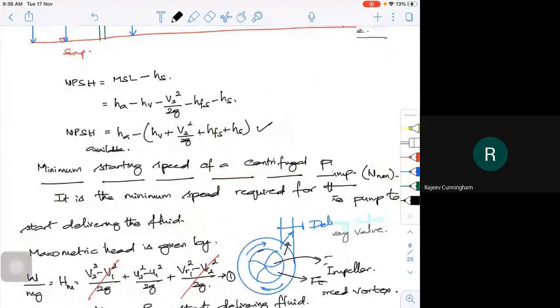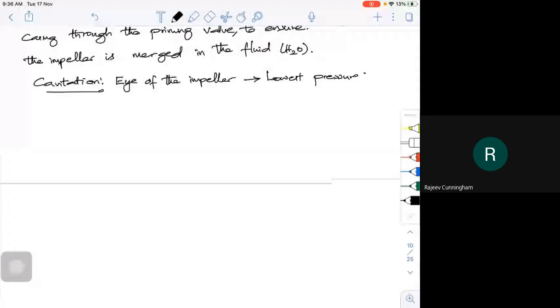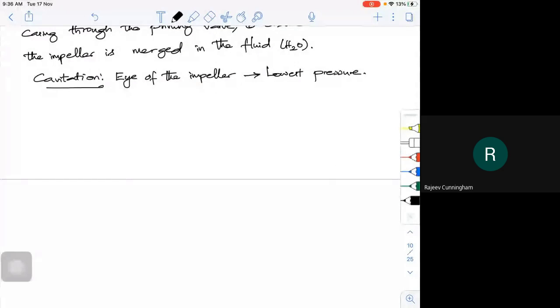Okay, what will happen? So at the eye of the impeller, I could see the lowest possible pressure. So I have to ensure that if the pressure at the eye of the impeller falls below your vapor pressure, under this condition, what will happen?